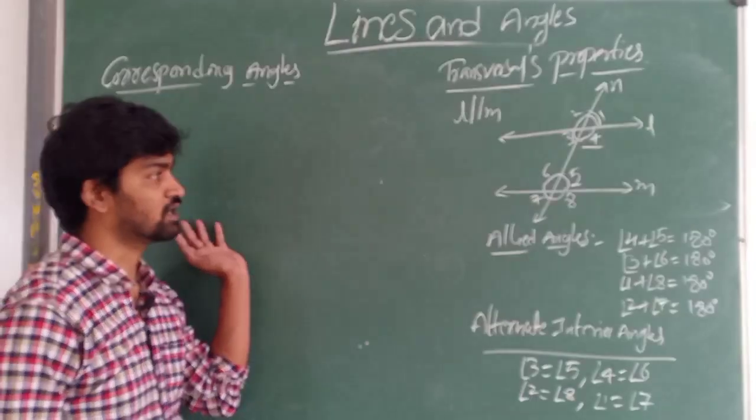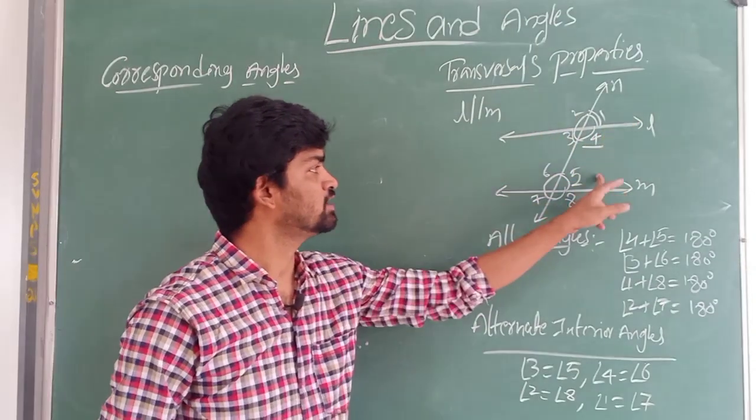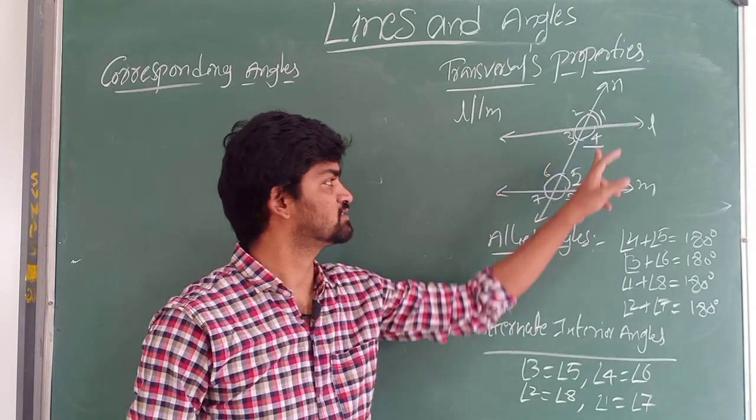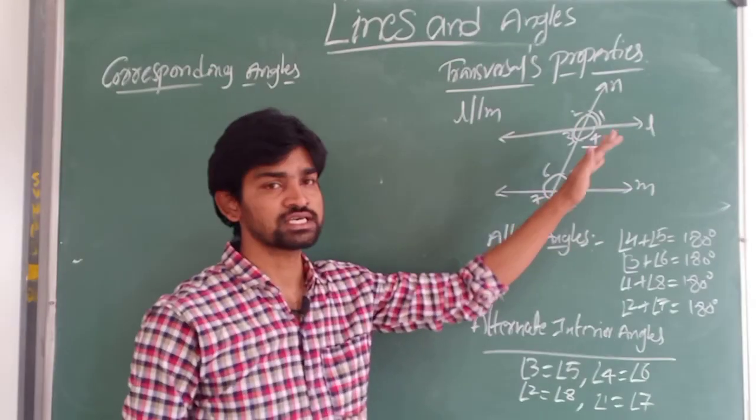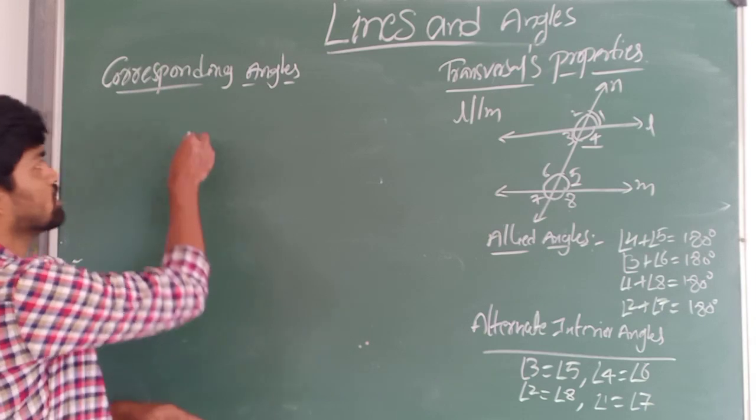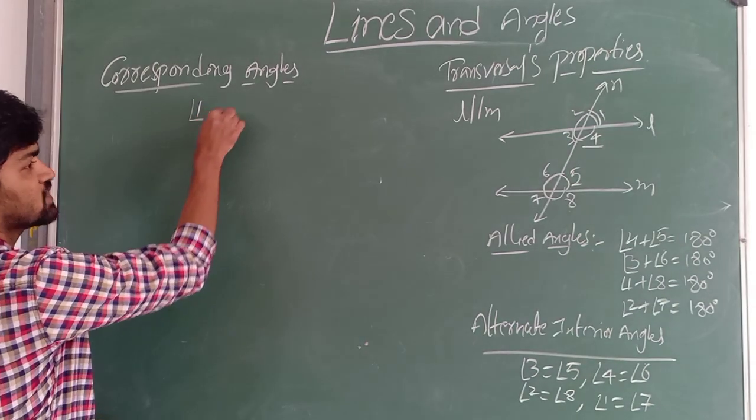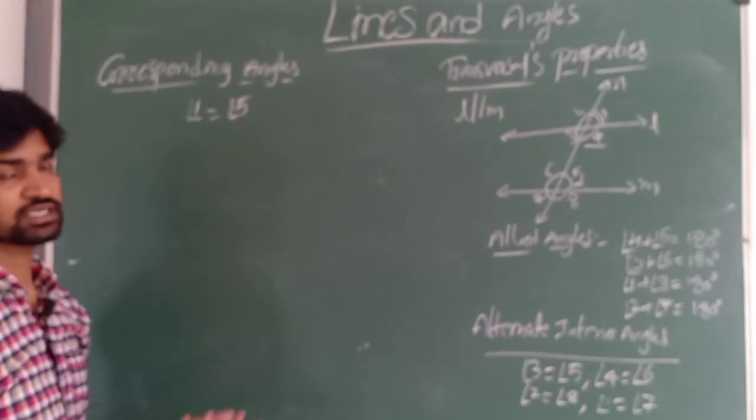Corresponding angles are the angles 1 and 5. One is exterior, one is interior, and they lie on the same side of the transversal. So angle 1 equals angle 5. The measures of them are equal.